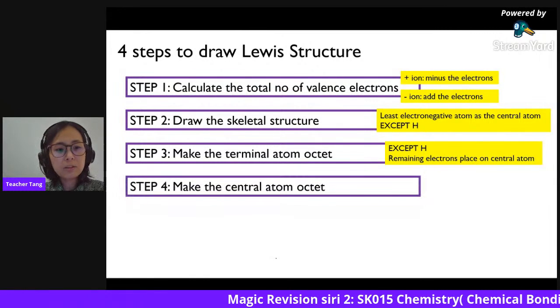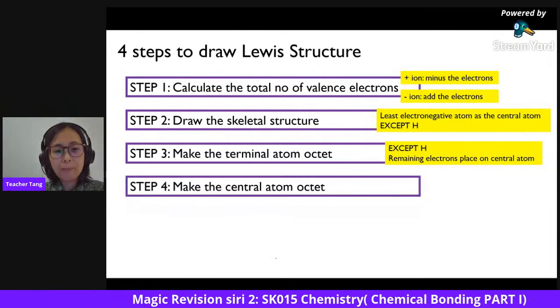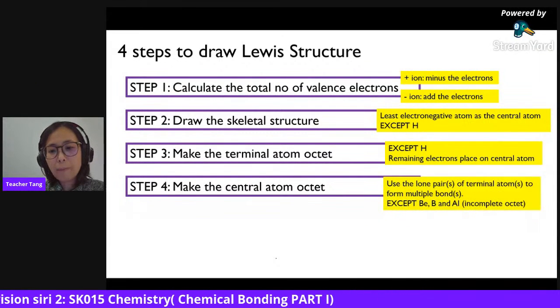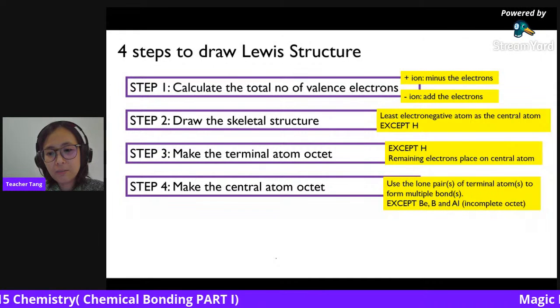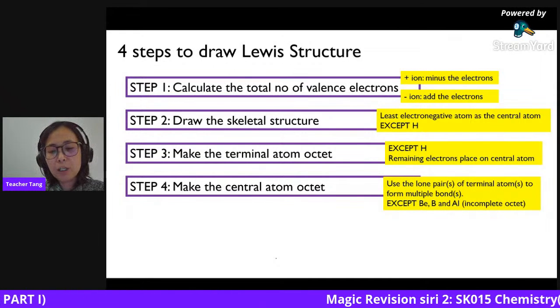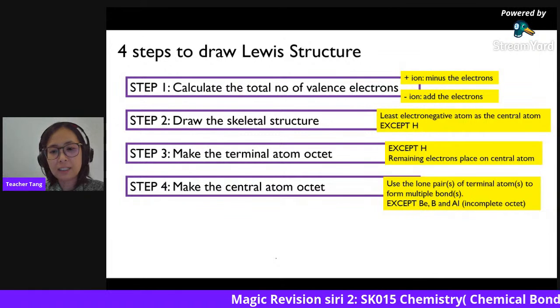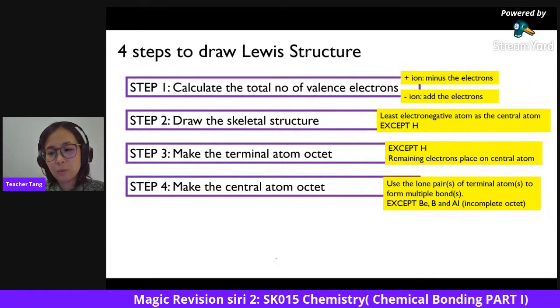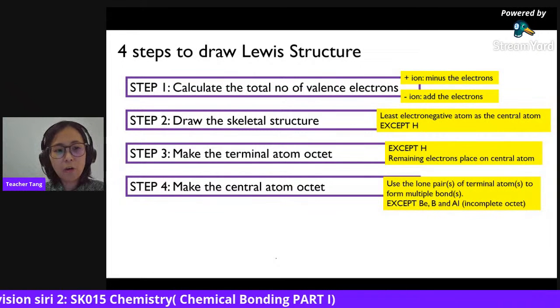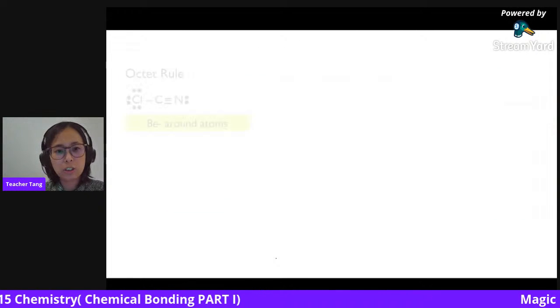So for step number 4, you need to make the central atom octet by using the lone pair of the terminal atoms to form the multiple bonds, except beryllium, boron, and aluminium as the central atom, then we can have incomplete octet. So basically, these are the 4 steps to draw the Lewis structure.